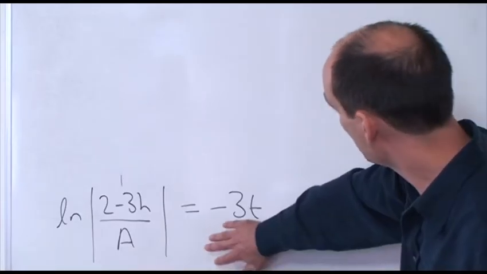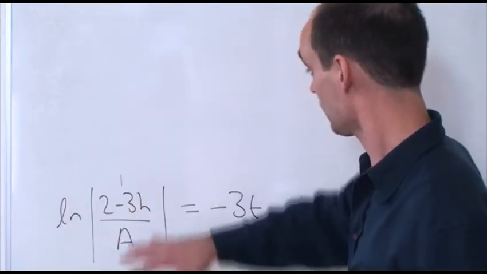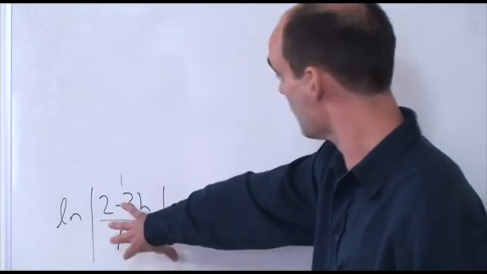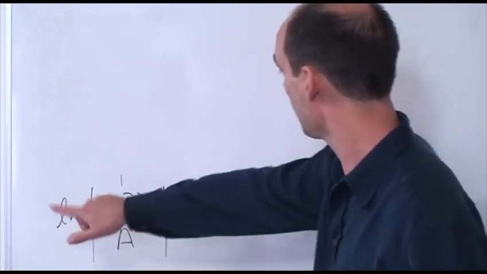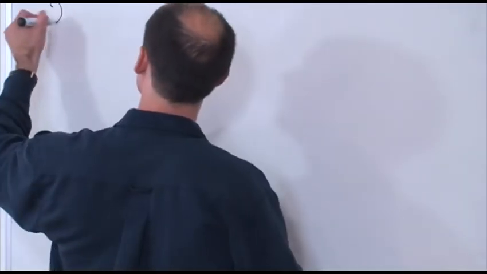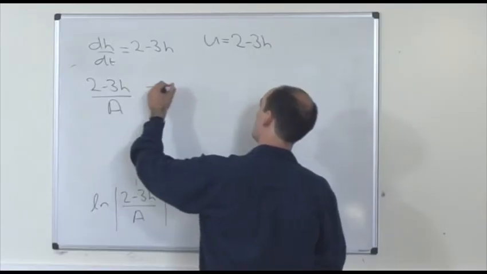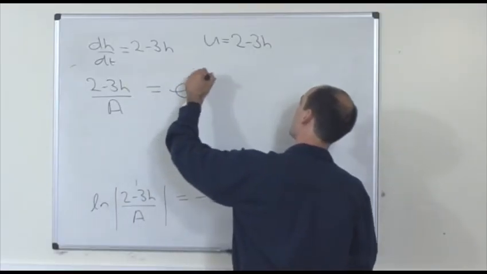And finally, I want to rearrange this to get rid of the logarithm and turn the logarithms into exponential. So the exponential is the inverse function of the logarithm. So if I've got logarithm of something is equal to something else, well, we can write 2 minus 3h divided by the constant a is equal to e to the power of minus 3t.